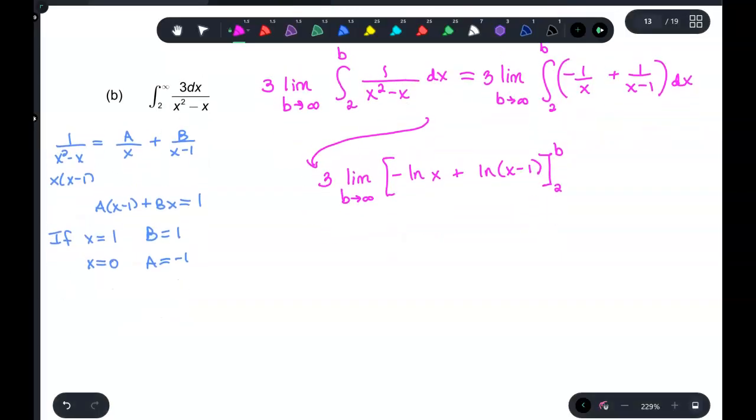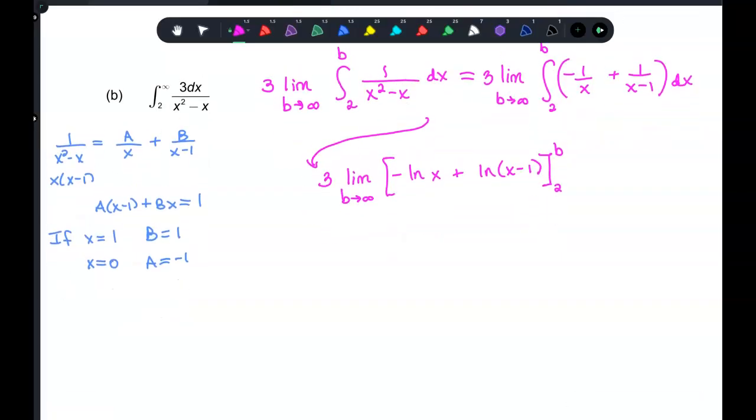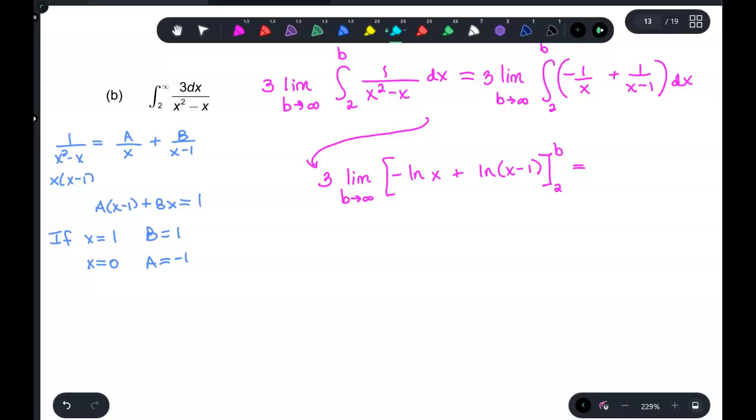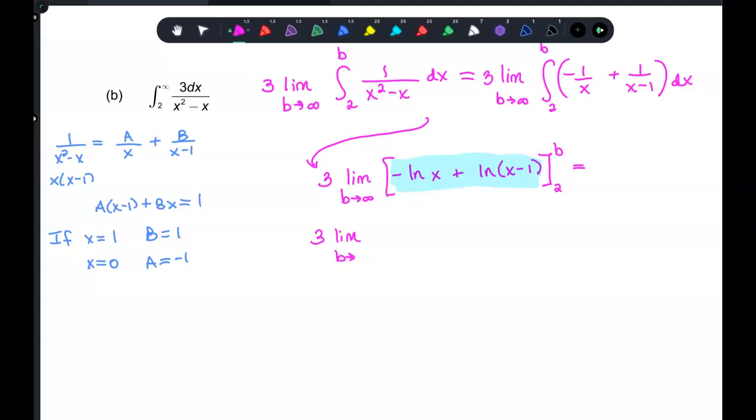Now, there's a couple ways we could do this, but what I'm going to do is rewrite the inside using my properties of logarithms. That's going to be natural log of x minus 1 over x.